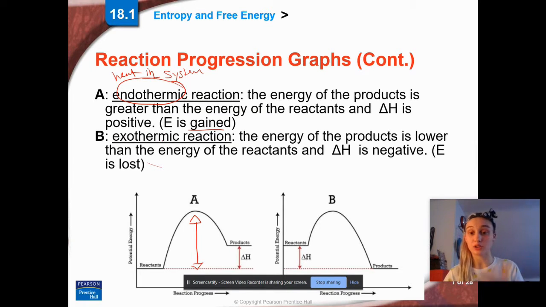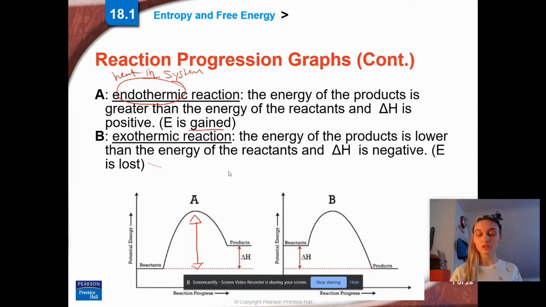Heat is being lost. So the energy is lower because we're losing heat as energy, and the energy of the reactants is going to be higher. And then delta H is negative because obviously this is an exothermic reaction, and we know that exothermic reactions have a delta H that is negative because energy is lost. So I wanted to point that out and add this to this video's notes so that was clarified.